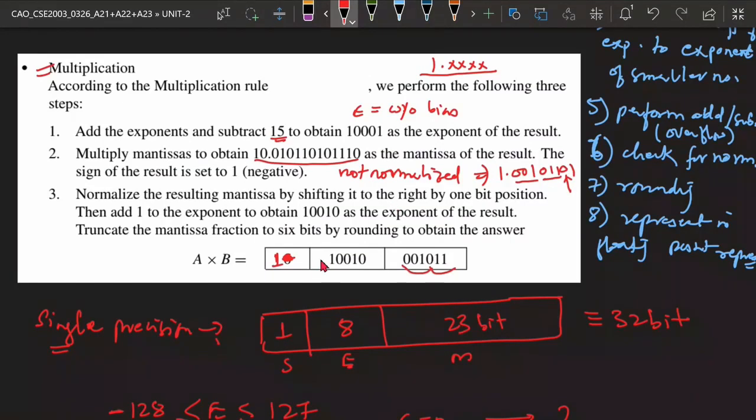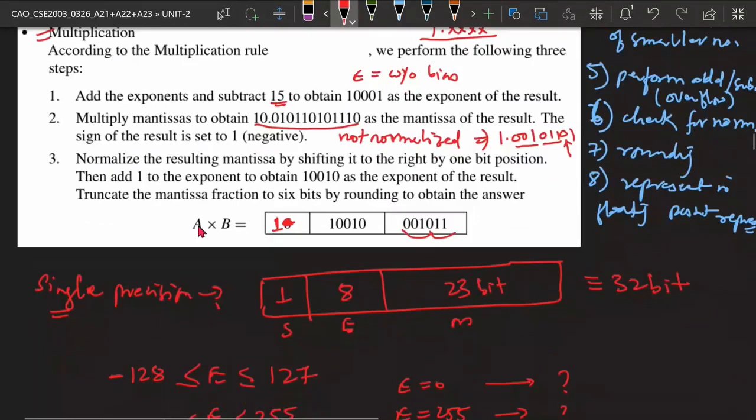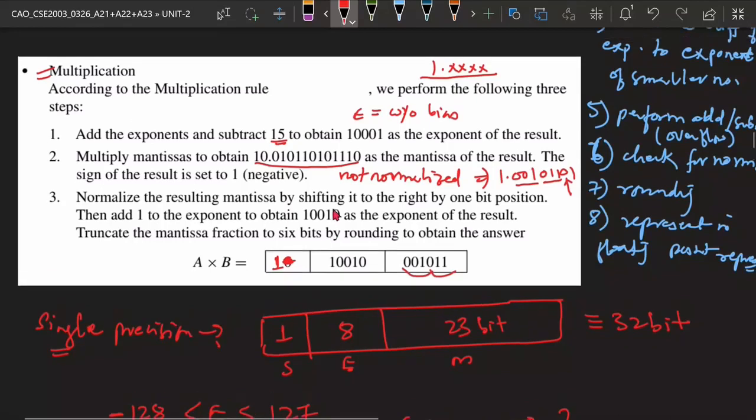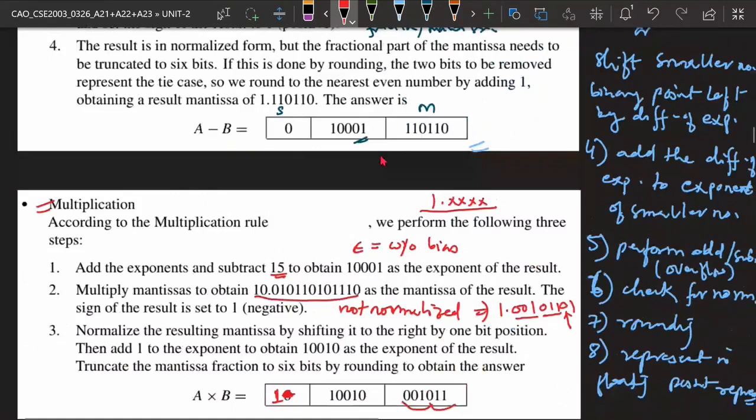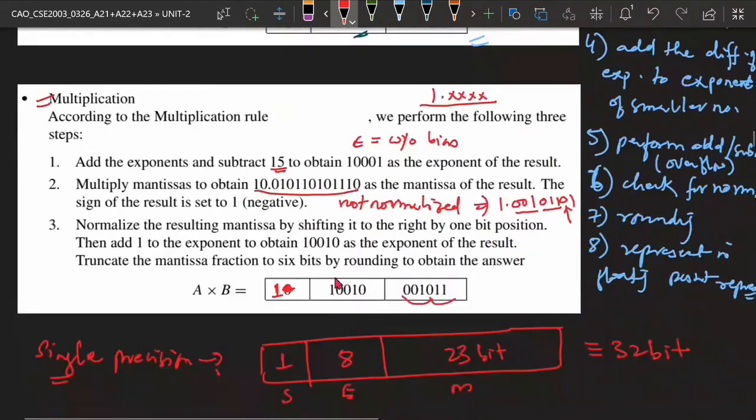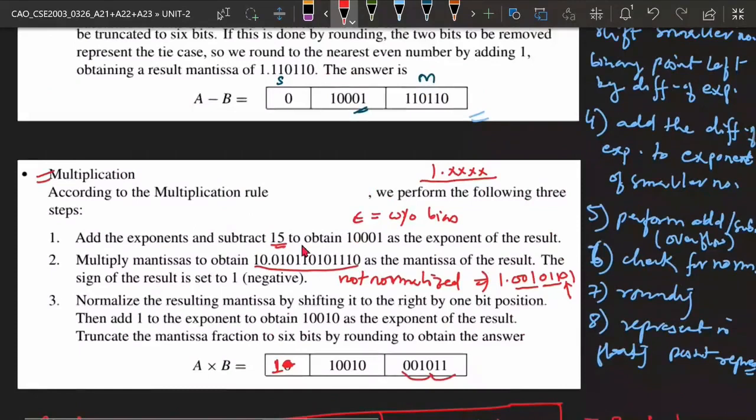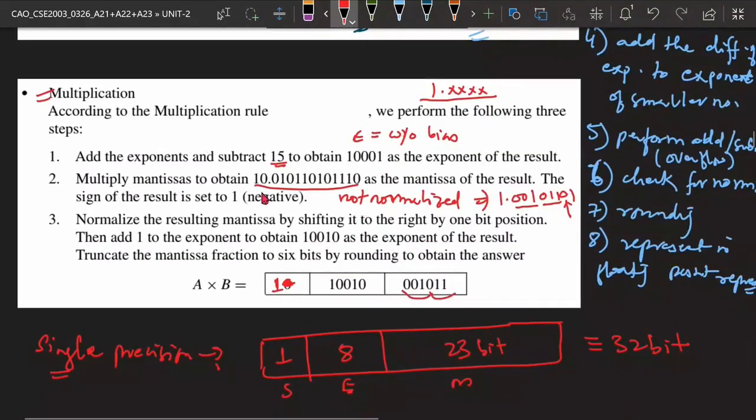So the answer after multiplying a and b has 1 in the sign, and the exponent comes from adding 2 and 0, which is again exponent 2. One more thing: once we have shifted the binary point to the left side, we need to multiply by 2 to the power 1 so the value stays the same.